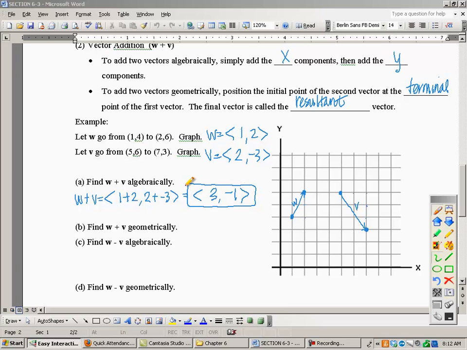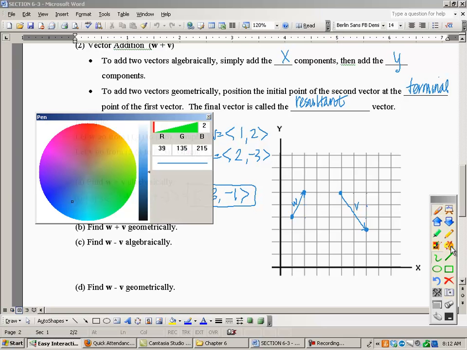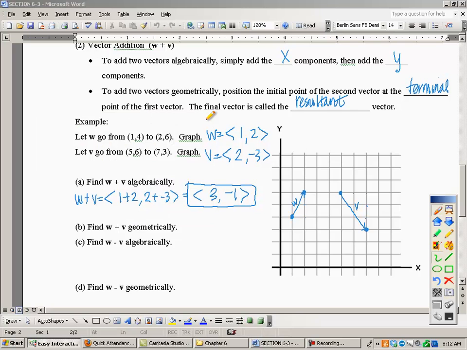Now, the problem is geometrically we have to show this. So I'm going to change my color, and I want this geometrically to be in red, so as you look at this. Now, here's what it says. I start with W, and I put V at the end of W. So I start W, and here's where I ended W. The problem is I want to start V here, I want it to come over here.